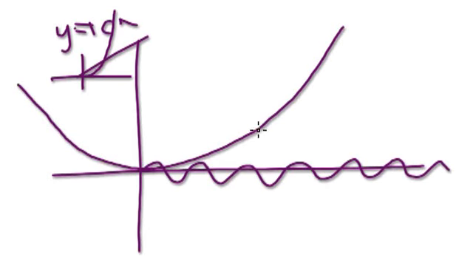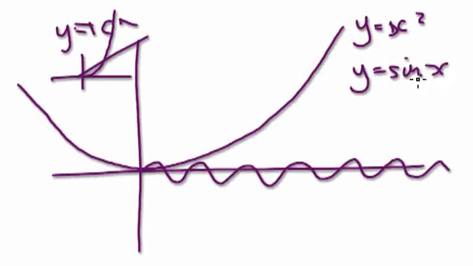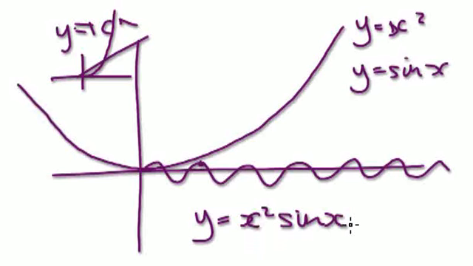So here you've got your y equals x squared, and then you want to combine it with y equals sine of x here. So now we want to investigate y equals x squared times sine of x.